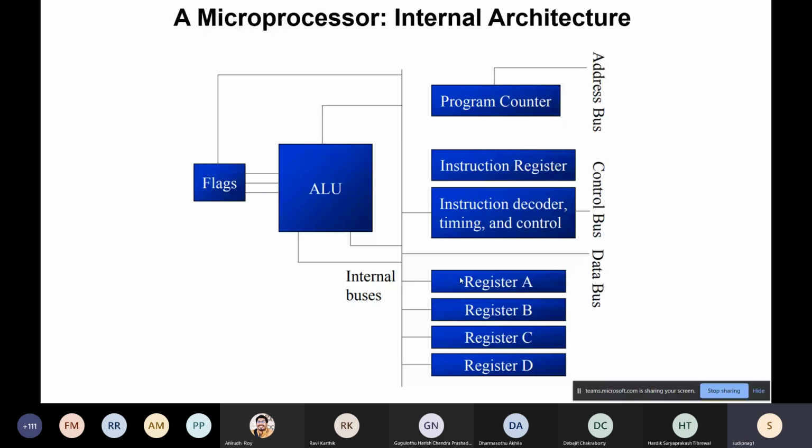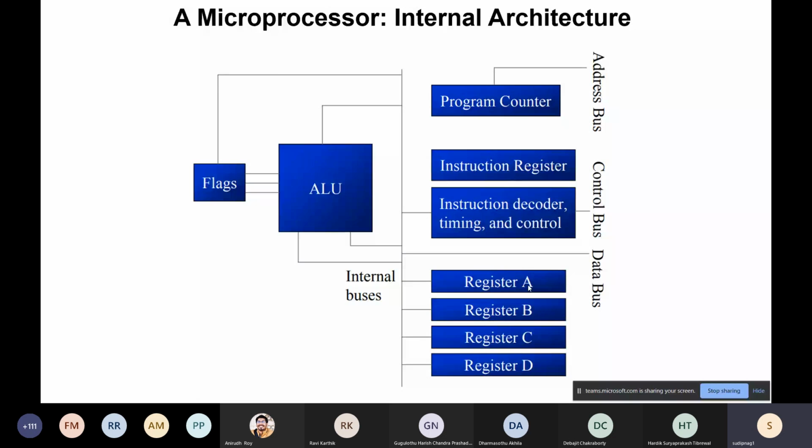So A had the data that came from memory originally, but after addition, during the sixth clock cycle, the result came and sat in the A register, overwriting the previous data.